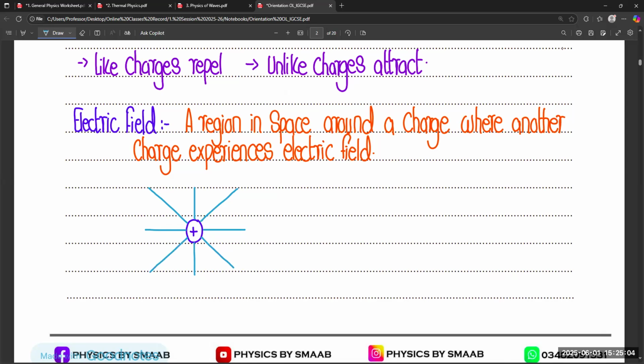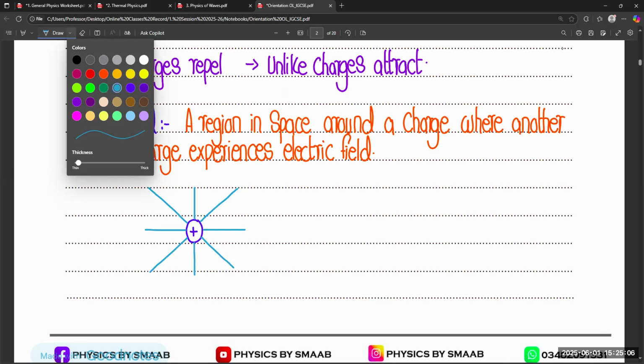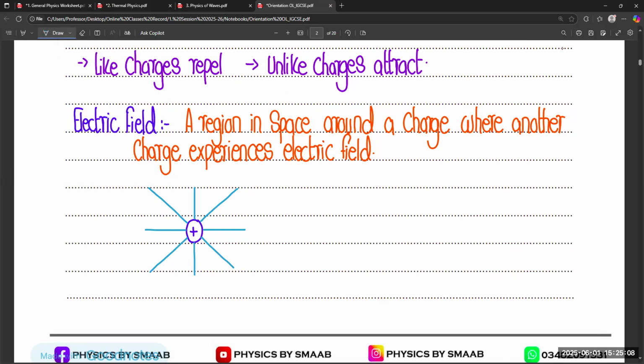So these are the field lines. And in this field line, we have to show the direction also, outward direction. So this outward direction represents that the electric field of the positive charge is radially outward, right?